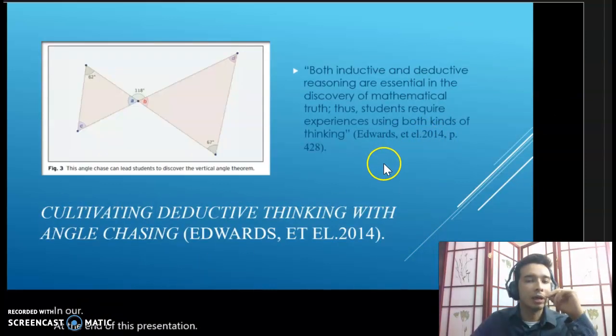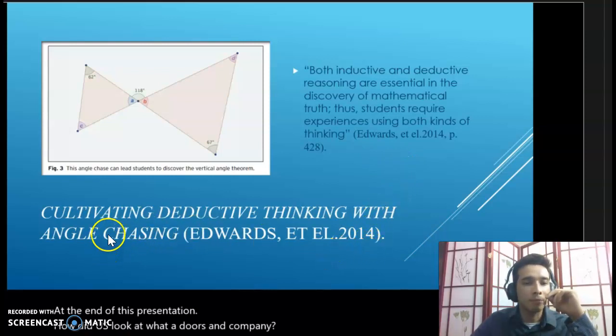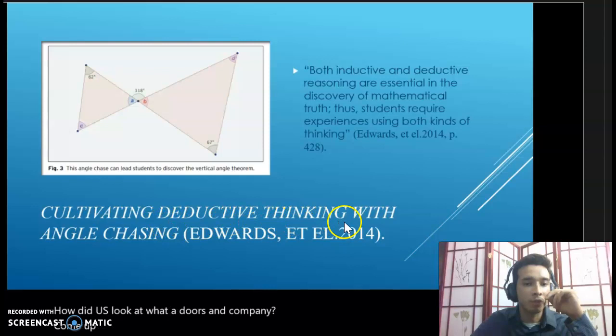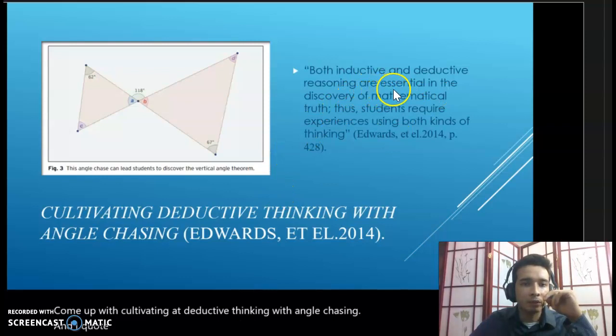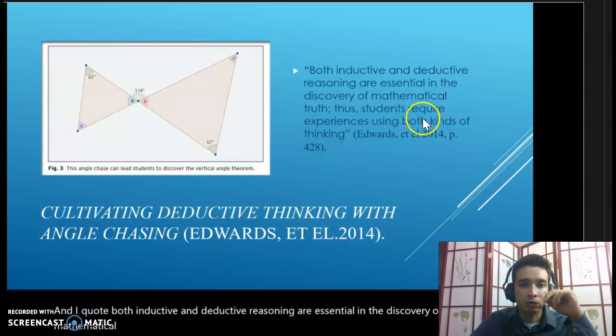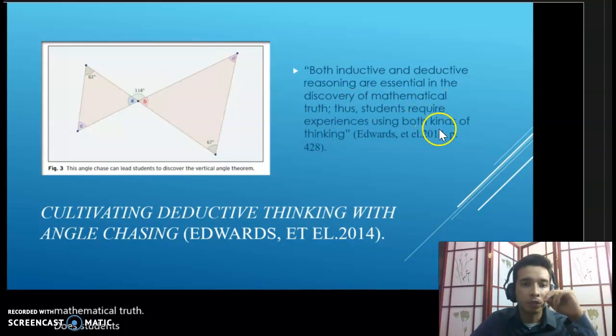Now let us look at what Edwards and company come up with, cultivating deductive thinking with angle chasing. And I quote, both inductive and deductive reasoning are essential in the discovery of mathematical truth. Thus, students require experiences using both kinds of thinking.